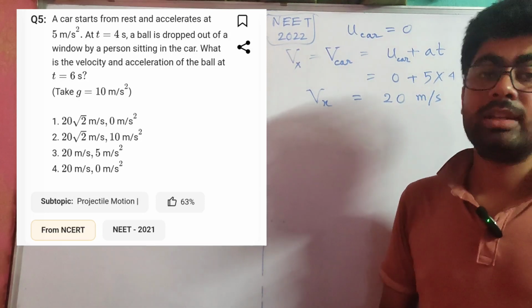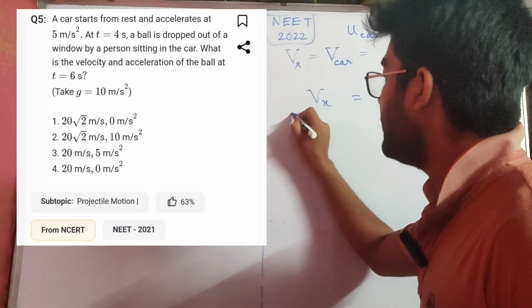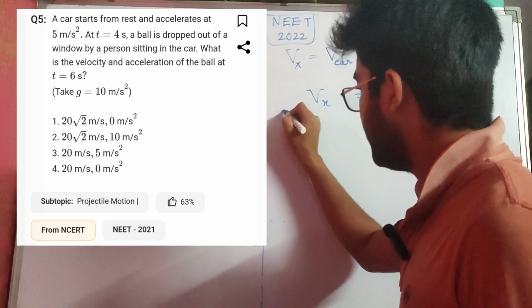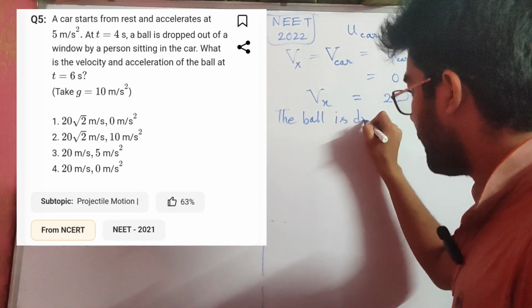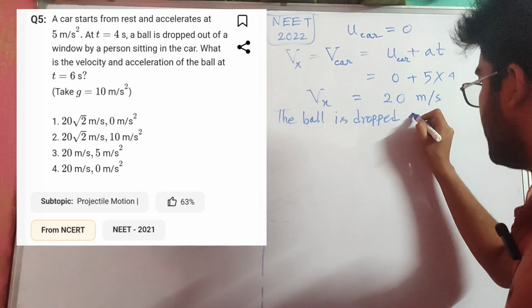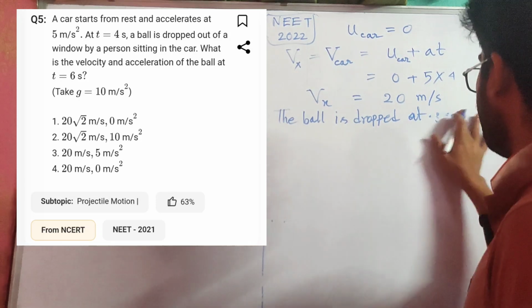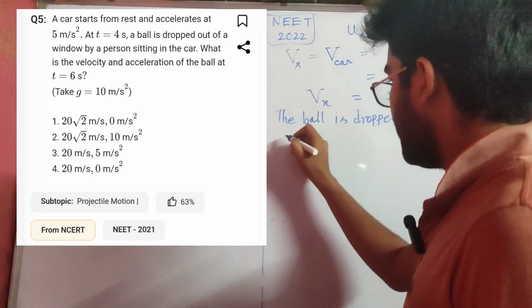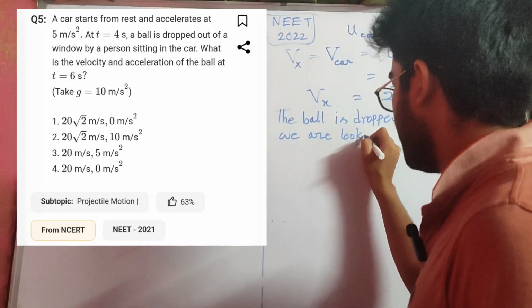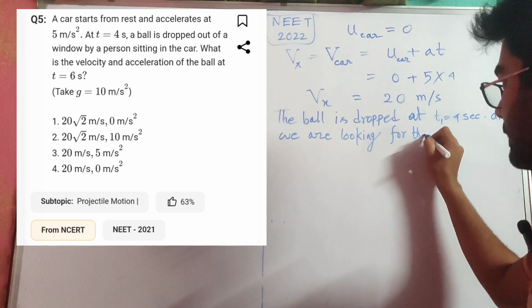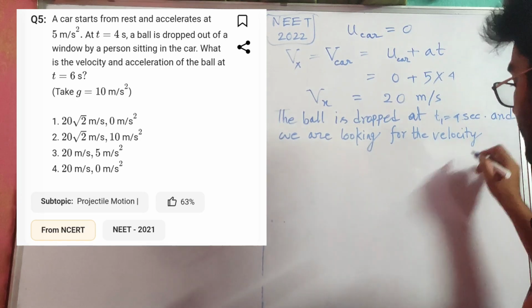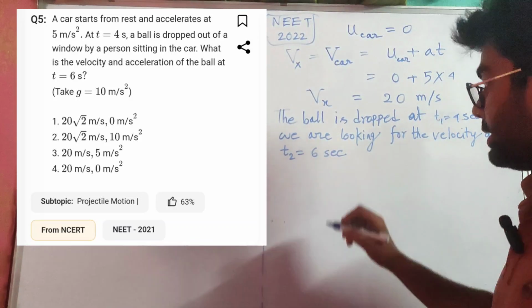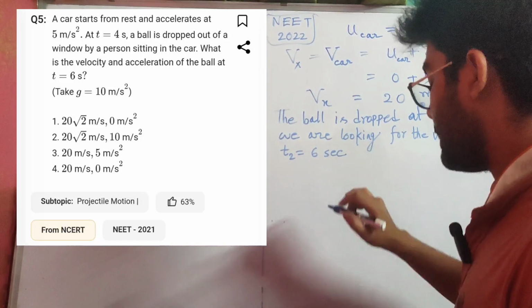So what is the time of flight? We write down in full: the ball is dropped at t1 equal to 4 seconds, and we are looking for the velocity at t2 equal to 6 seconds, by the question.